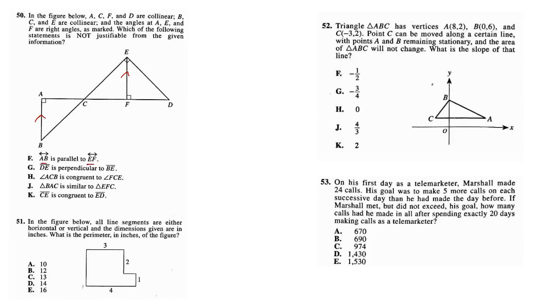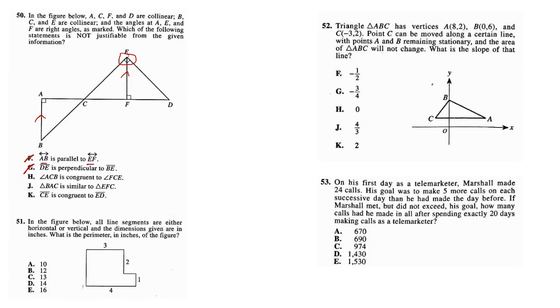So if that's the case, then they do need to be parallel. So that one is correct. So again, we're looking for which one is not justifiable. Let's look at G. DE is perpendicular to BE. Well, again, notice how it is written the way this is here. Well, yeah, that has to be true, so that one can't be it.